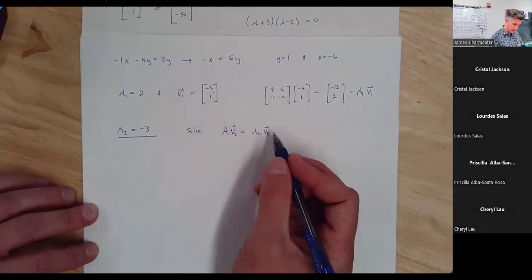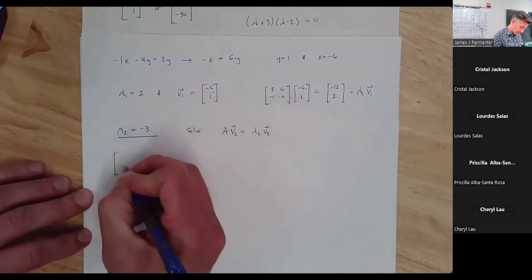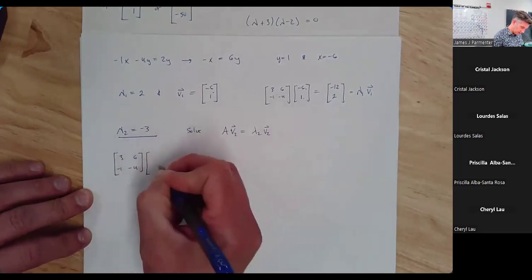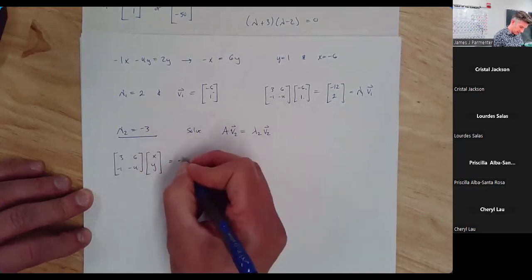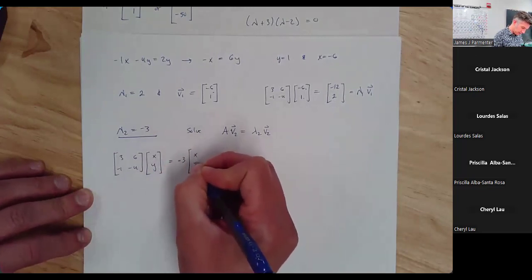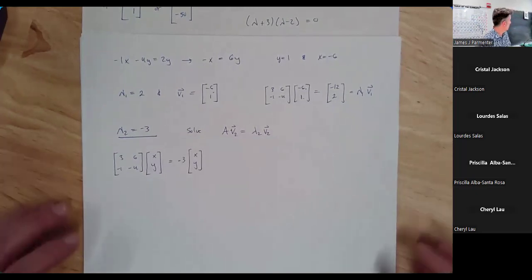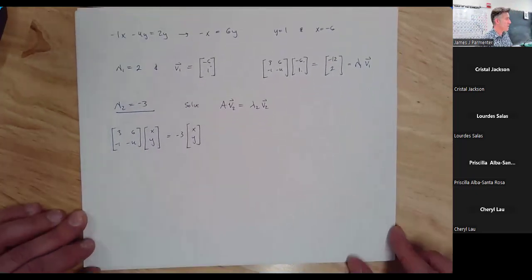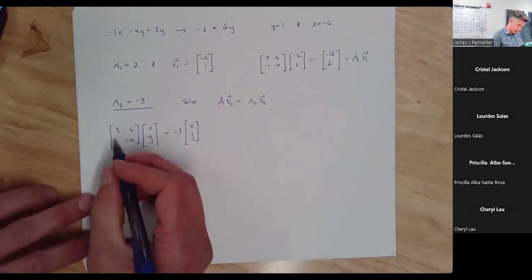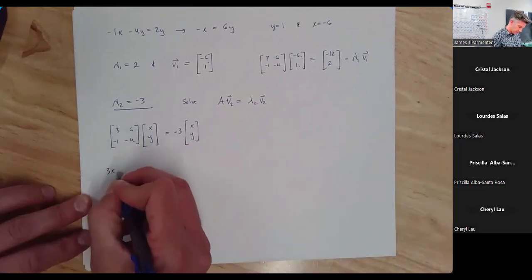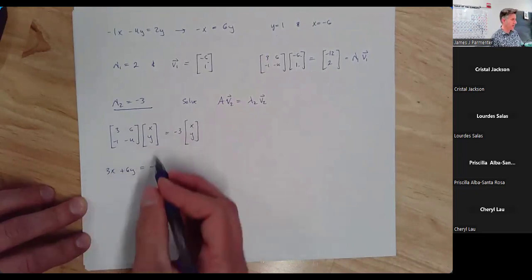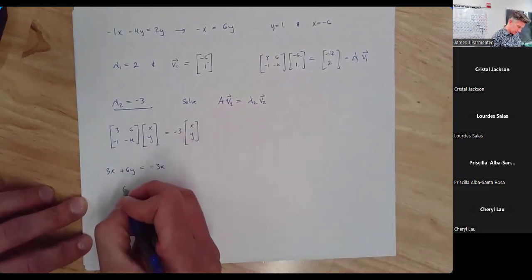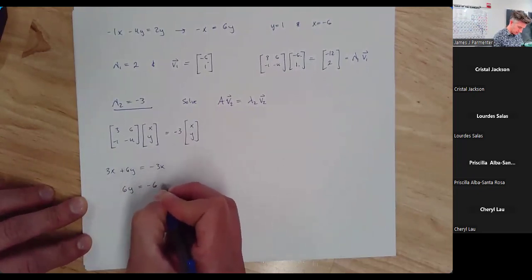I have my matrix 3, 6, negative 1, negative 4 times my eigenvector, which I'm trying to find, equal to negative 3 times my eigenvector. Again, we typically only need the first equation. So I'm going to say 3 times x plus 6 times y equals negative 3x. I'm going to subtract 3x from both sides and get 6y equal to negative 6x.